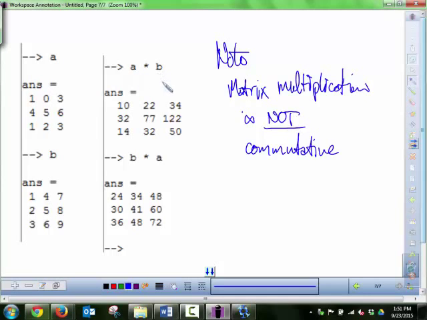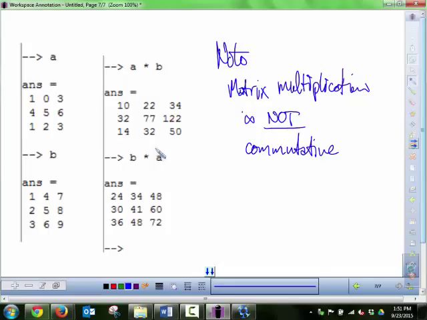But if you multiply A times B and multiply B times A, you'll see that it's not going to be equal to each other. There's some special cases where they are. That means the original matrices have some special properties. But in general, matrix multiplication is not commutative. You can't get the same result by switching the order of multiplication.